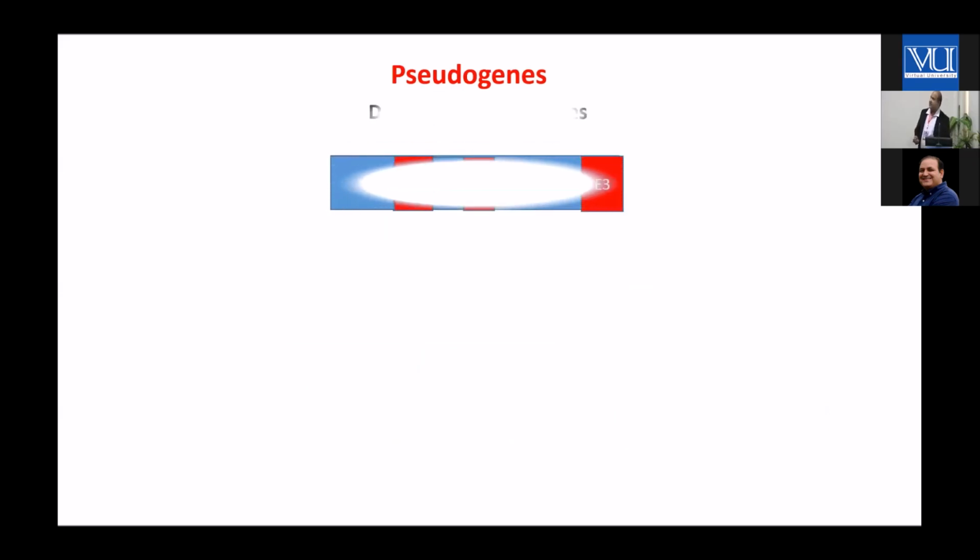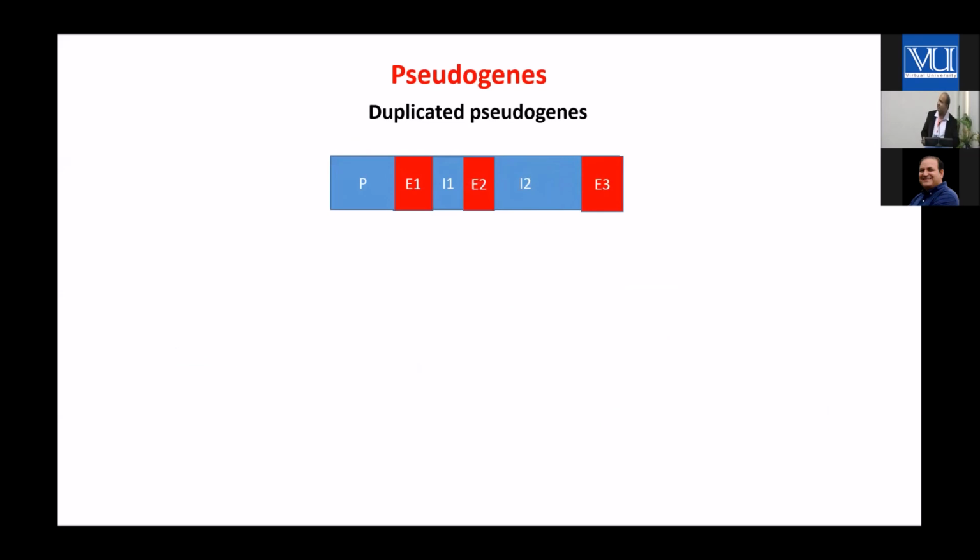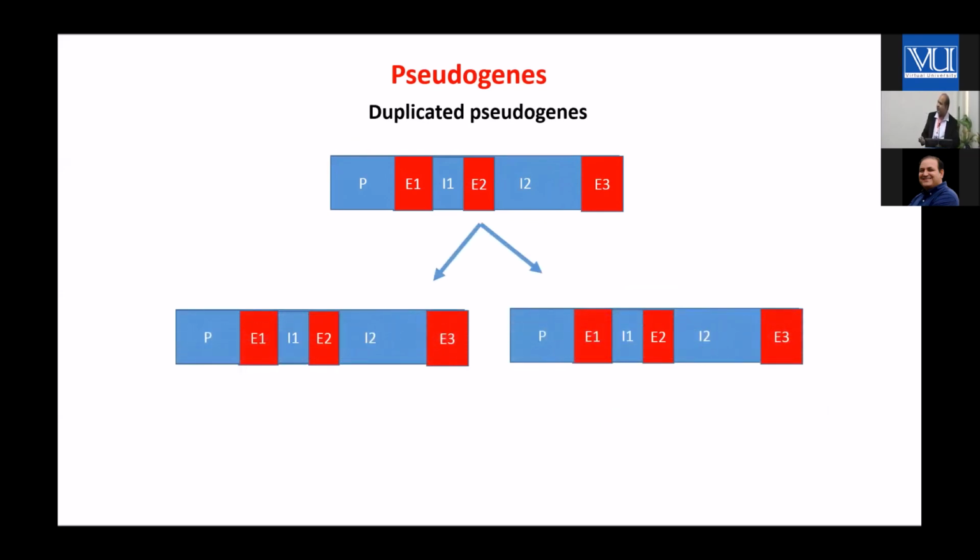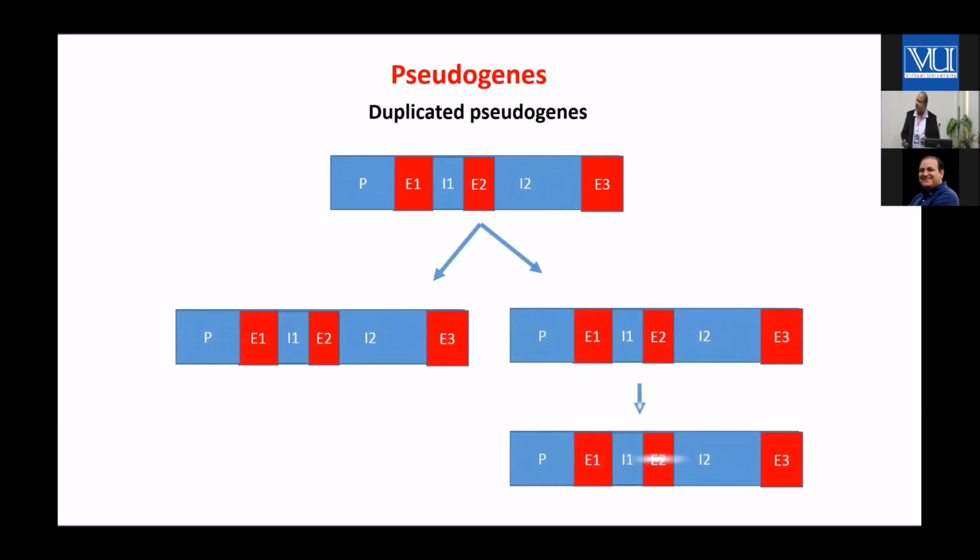Then there is the duplicated pseudogene. Actually, duplication is one of the most fundamental aspects of all genomes, whether of a mouse, a lion, a fish, or a wheat plant, whatsoever. But the key thing here is, when duplication occurs, there are multiple copies of a gene in the genome.